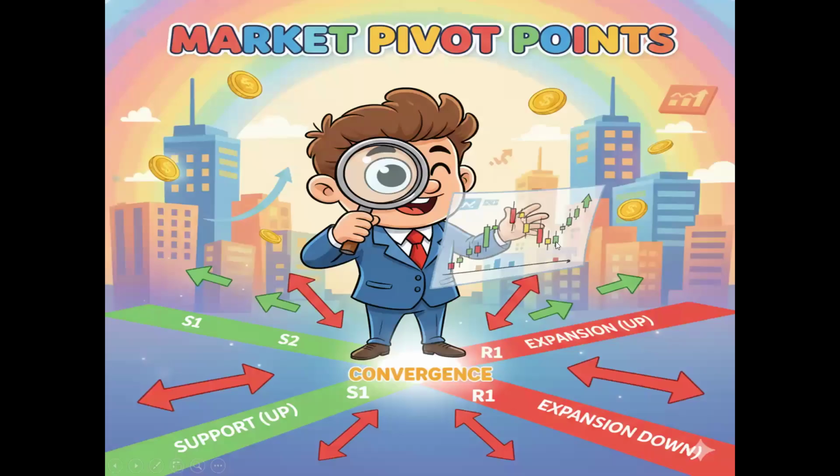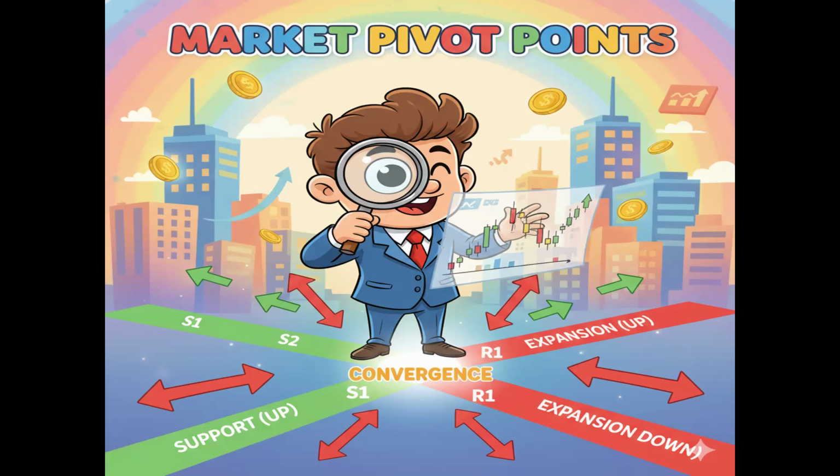The market pivot points are pivot R1, S1. This is a rolling pivot, which is dynamic. It calculates the rolling price action dynamically and gives you the support and resistance.